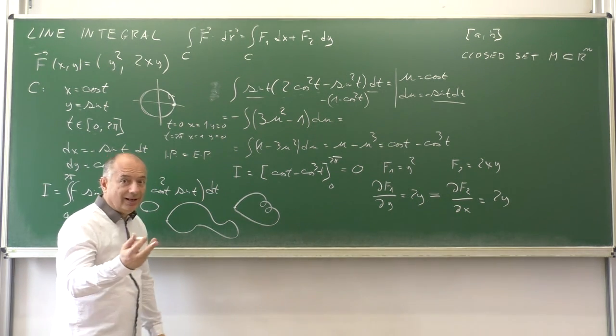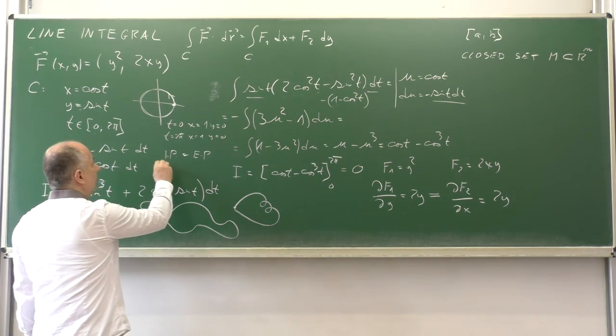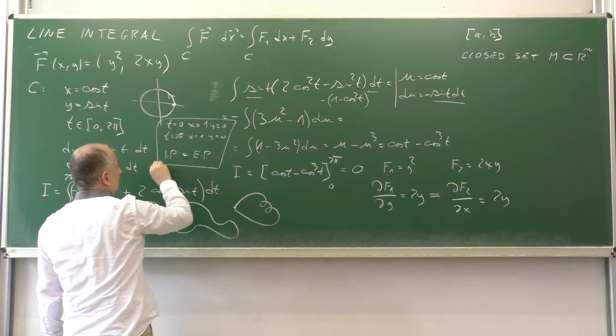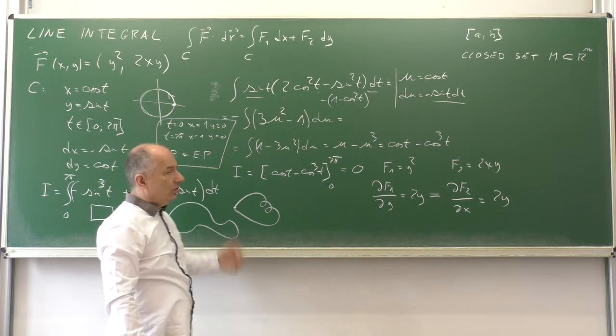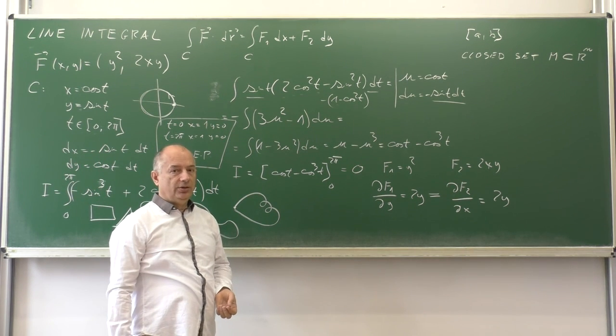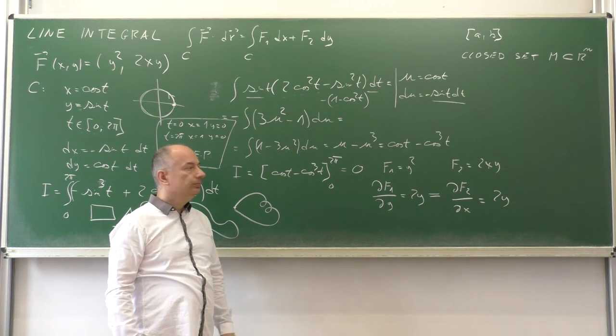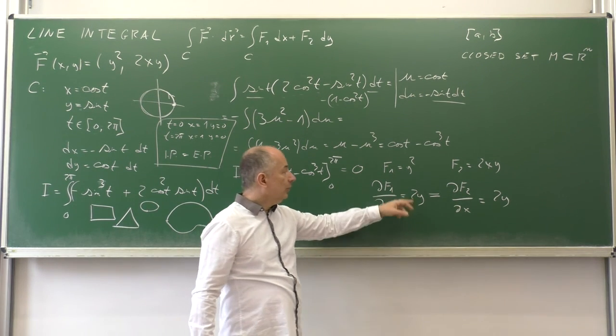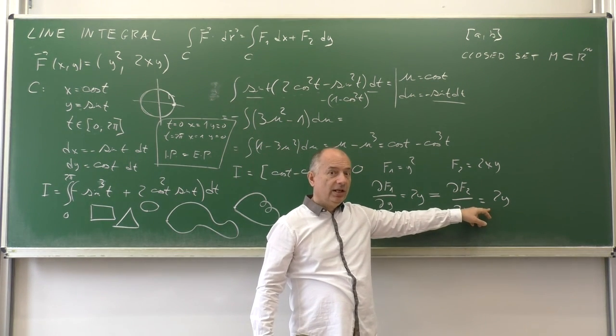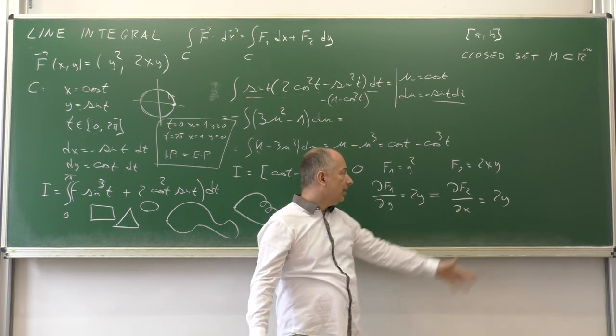So the second clever approach is, we just show or verify that the curve is closed. That means it goes back to the original point. And we compute these two partial derivatives. And we are done.